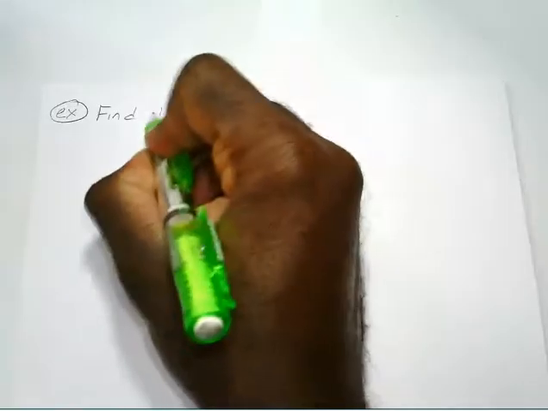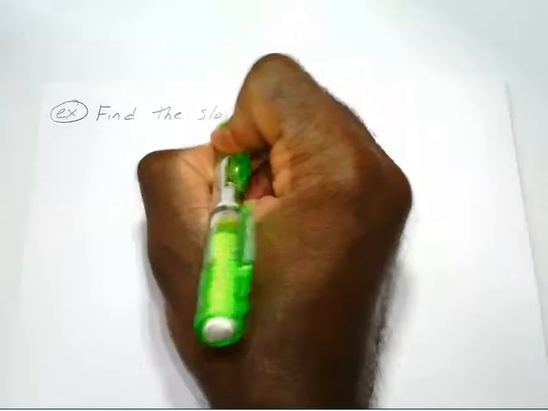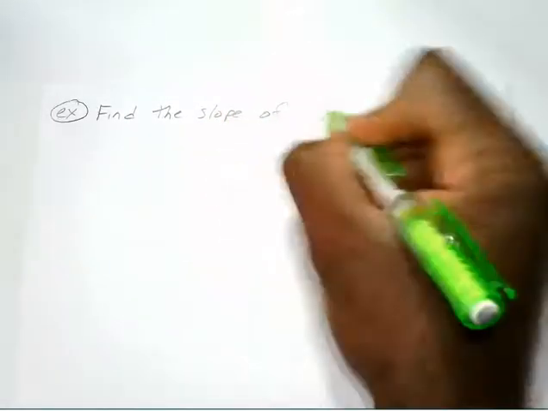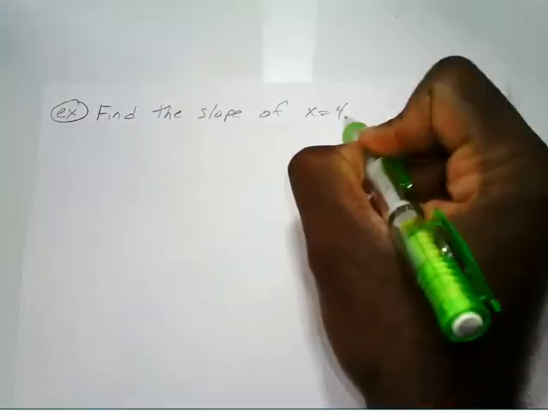Okay, so let's say, for example, we want to find the slope of x equals 4.